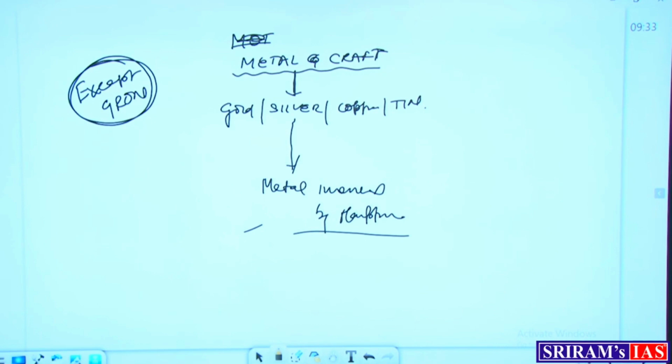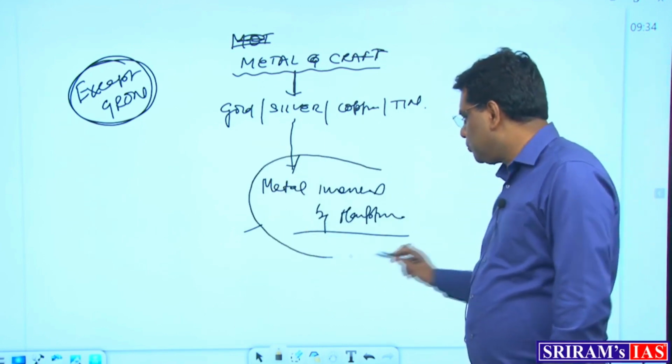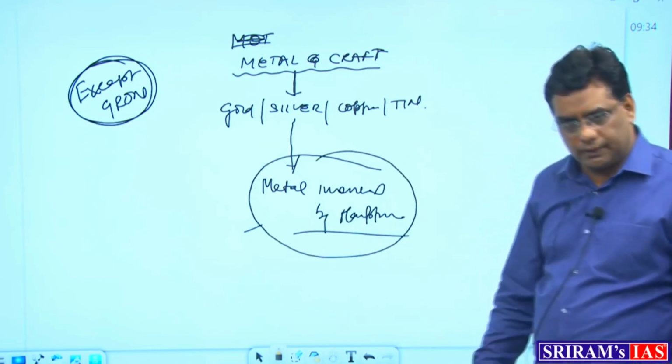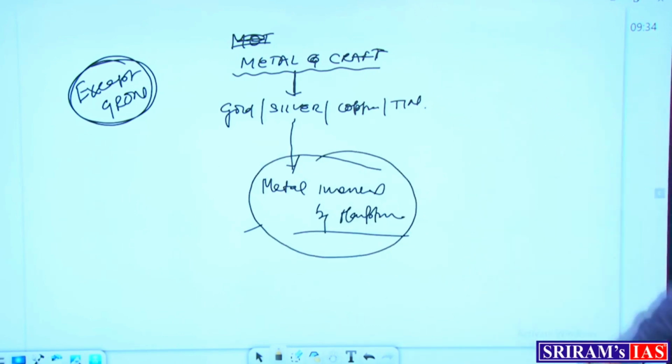Copper was the first metal used by humans, and silver was the metal invented by Harappans. There are ornaments of these metals found from Harappan cities.